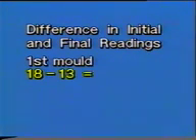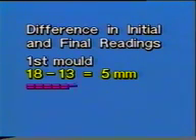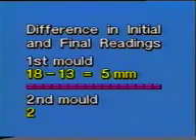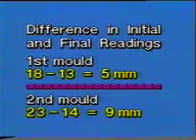The difference in the initial and final readings for the first mold is 18 minus 13, which is equal to 5 millimeter, and for the second mold it is 23 minus 14, equal to 9 millimeter.